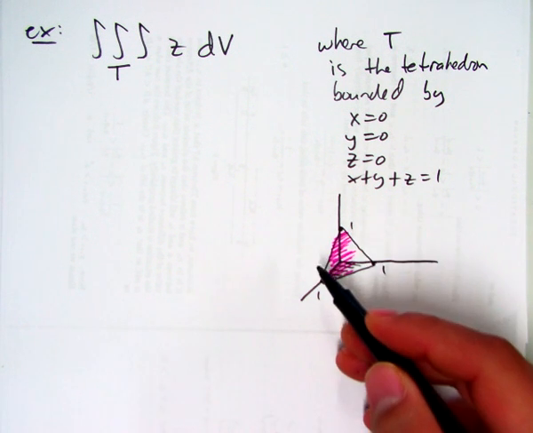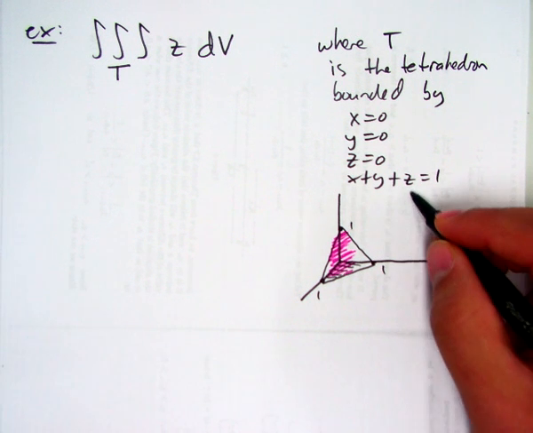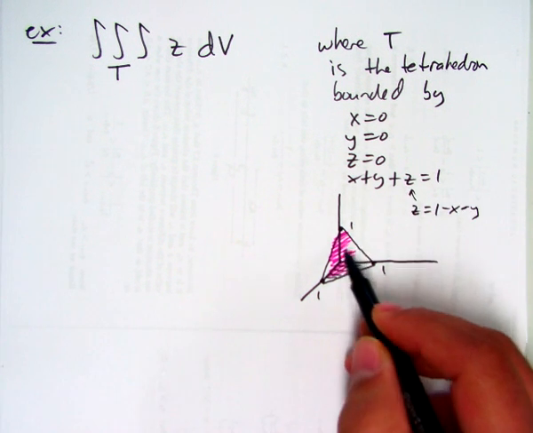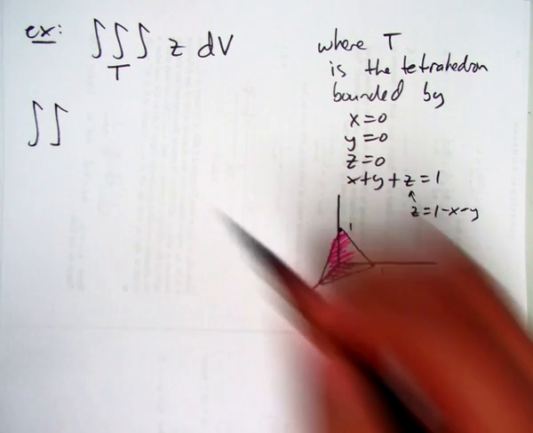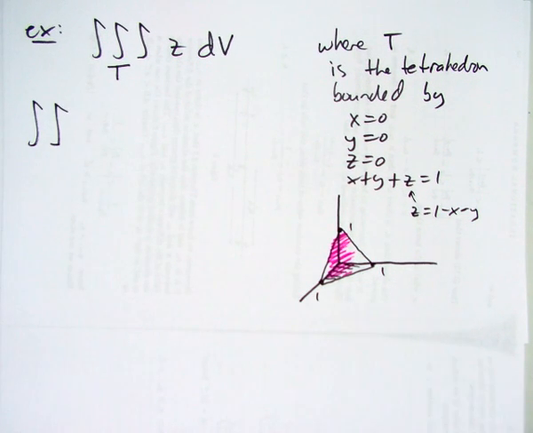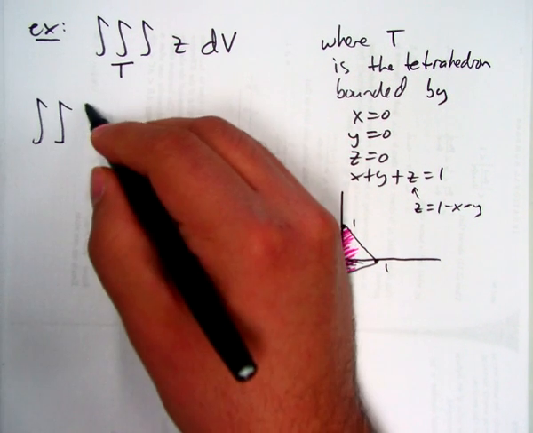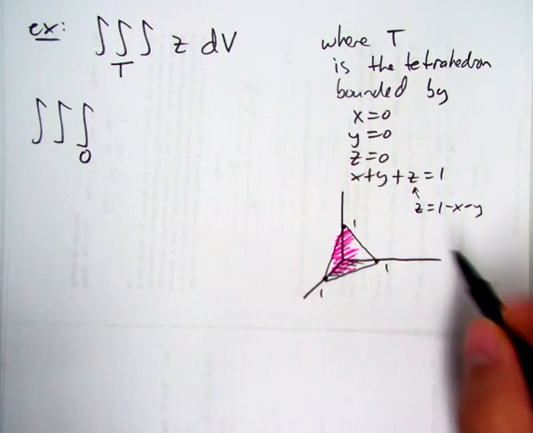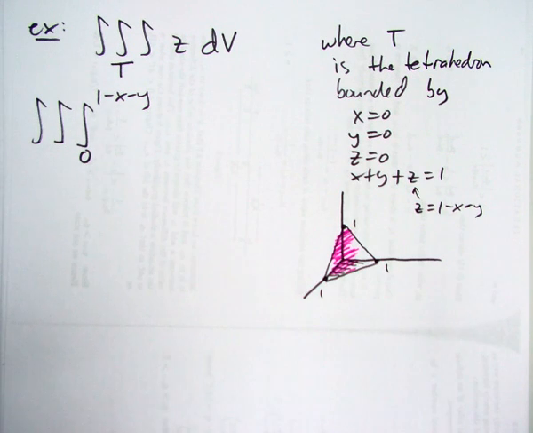If you get z alone here, 1 minus x minus y would be the upper surface. The surface doesn't have to be parallel to the plane. So z is going from 0 to 1 minus x minus y, and we leave that alone for now.